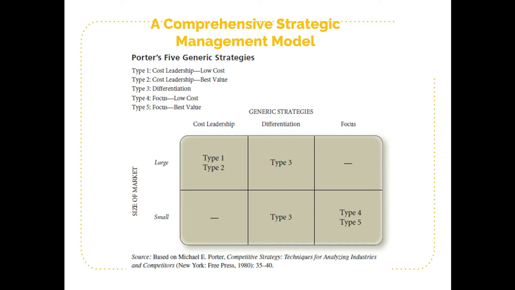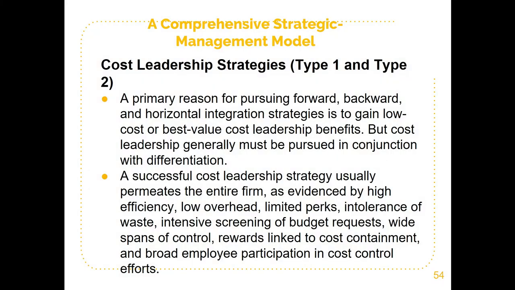All right, now let's discuss first your type 1 and 2. In here, a primary reason for pursuing forward, backward, and horizontal integration strategies is, of course, to gain low cost or best value cost leadership benefits. But cost leadership generally must be pursued in conjunction with differentiation.